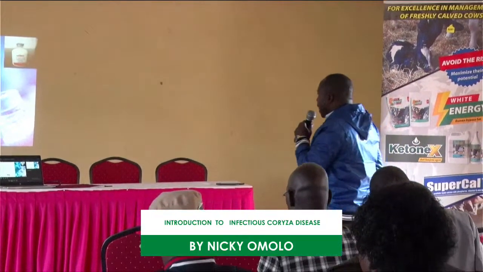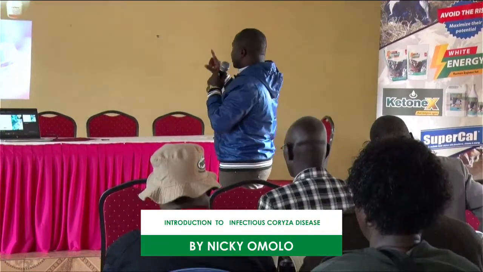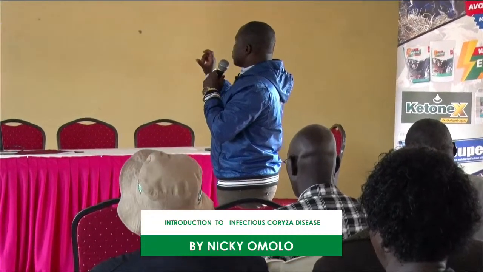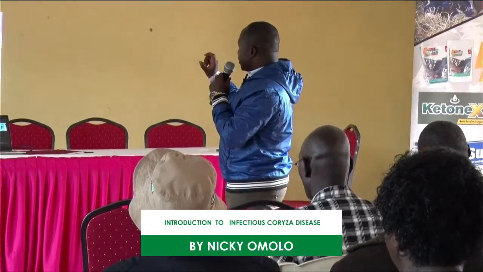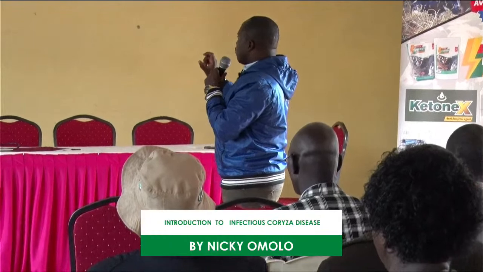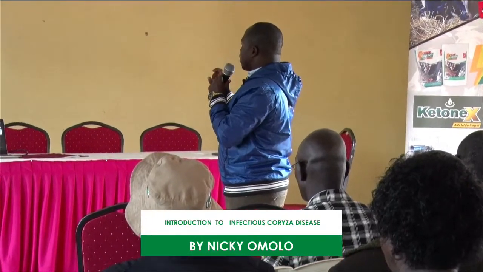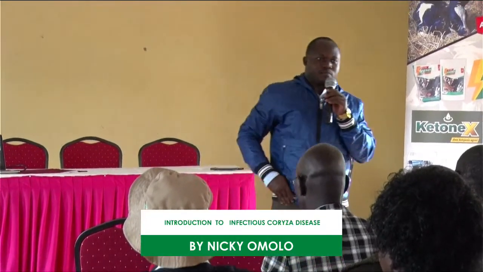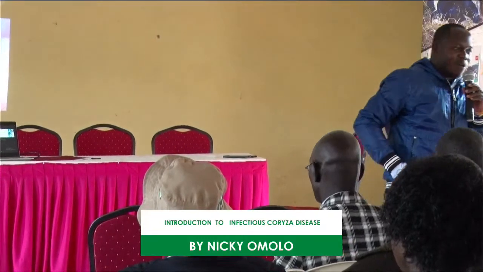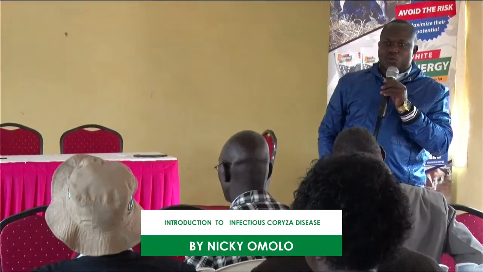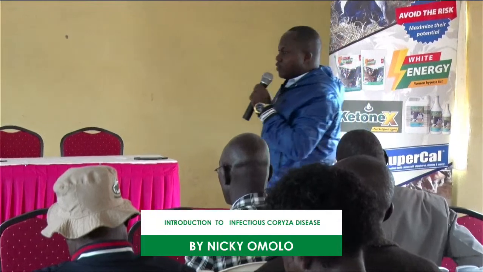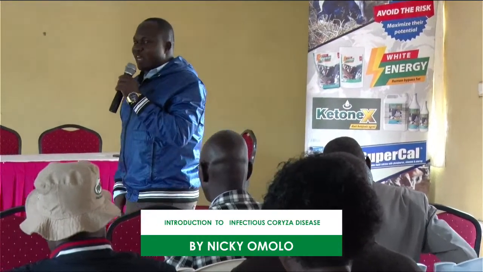When we talk about antigen concentration, we find that each dose has not less than 10 to the power 8 colony forming units of each serovar. Now, those who are lovers of mathematics, if you are to calculate 10 to the power 8, what figure do you get?